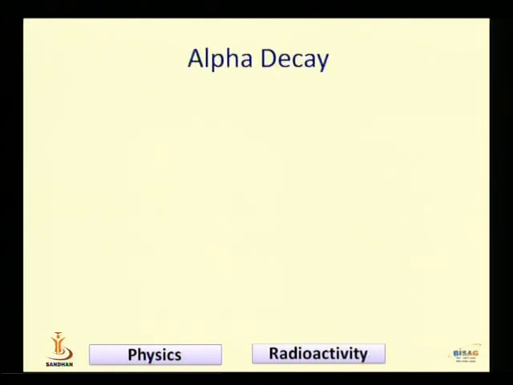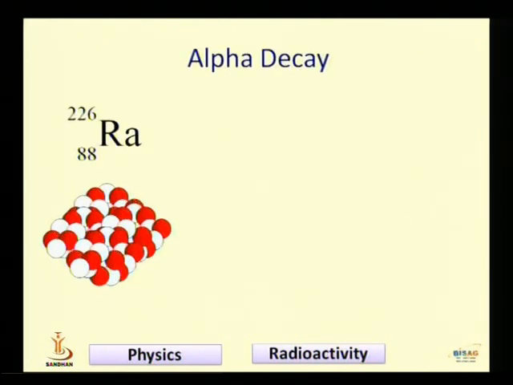Okay. We can see this alpha decay by taking one radionuclide example. Suppose we have a radium atom. Radium contains 88 as Z, which means 88 protons, and the total number of protons and neutrons is 226.